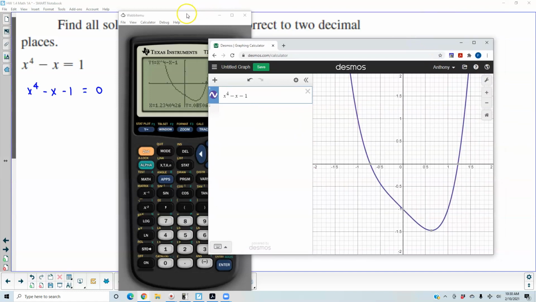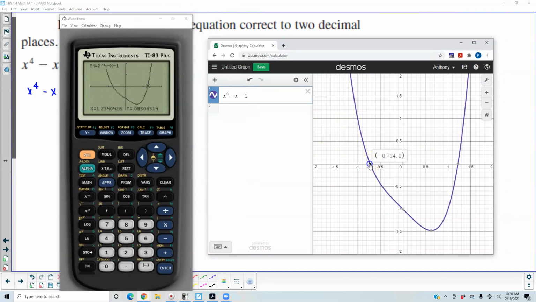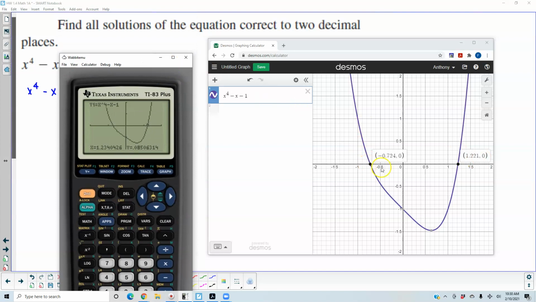Okay, so from here, we should be able to see that at -0.7240 and 1.2210 are therefore all the solutions of this particular equation, because this is where it crosses the x-axis.